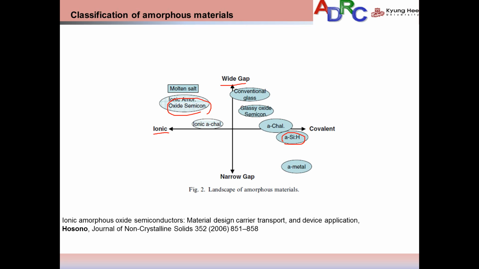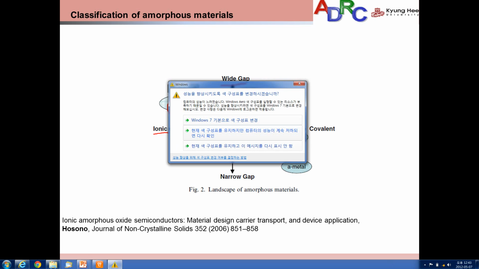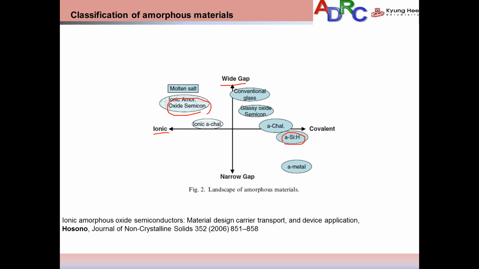So the main difference between these two semiconductors is that there is the covalent bond, which is not present in the oxide semiconductor, and also the band gap is wider in the case of the oxide semiconductor. So how do we make these oxide semiconductors?